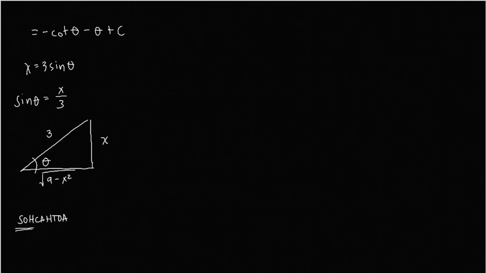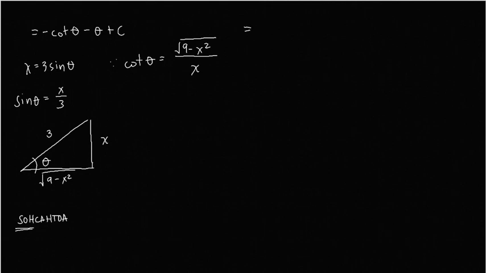Then we need here cotangent of theta. Since cotangent of theta is adjacent over opposite, what is this adjacent? The square root of 9 minus x squared divided by opposite, which is x. Okay, so this comes from this right triangle.